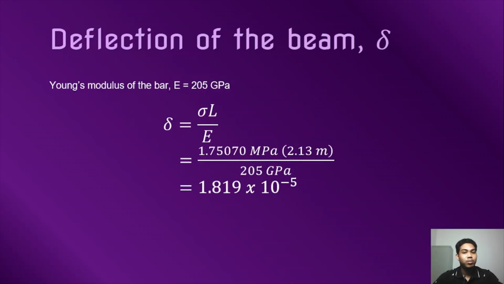For the bar, the Young's modulus value is 205 gigapascal, and we enter the values inside the formula. 1.75070 megapascals times 2.13 meters divided by 205 gigapascals, and we get 1.819 times 10 to the power of negative 5. And we simplify the result and we get 18.19 micrometer.